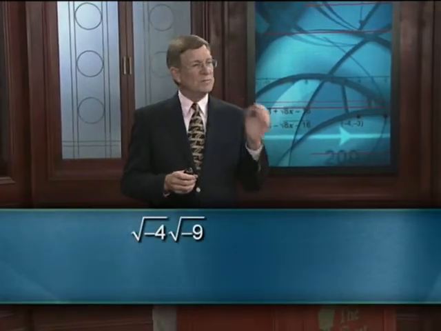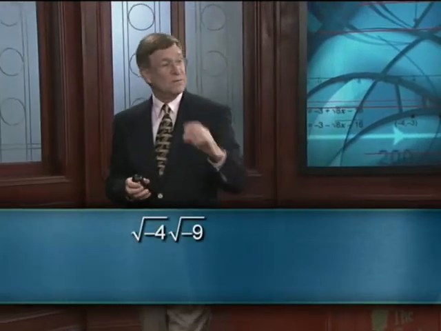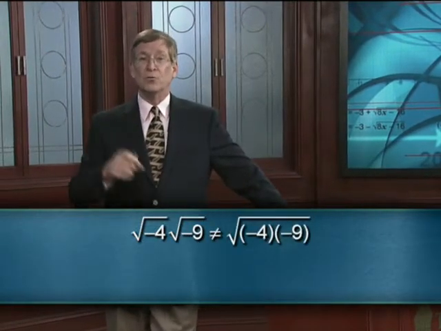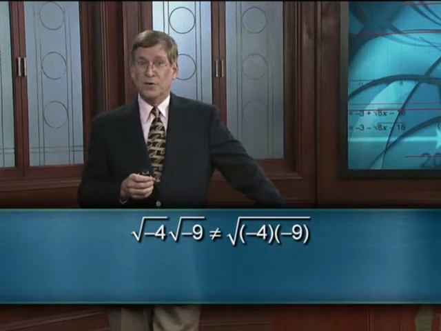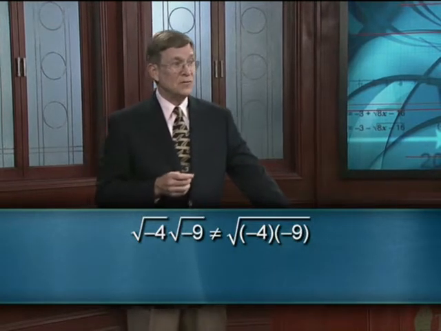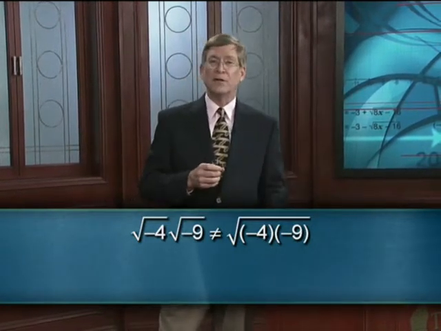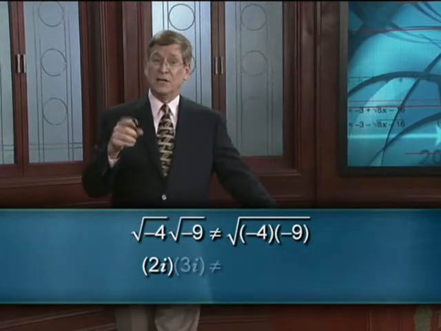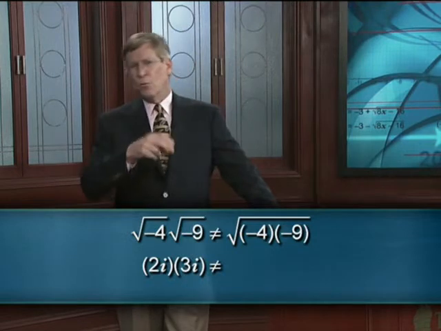Let me show you an example. Let's look at the square root of -4 times the square root of -9, and I'll show that's not equal to the square root of the product -4 times -9. So the left-hand side, the square root of -4 is 2i, and the square root of -9 is 3i. But what about the other side?